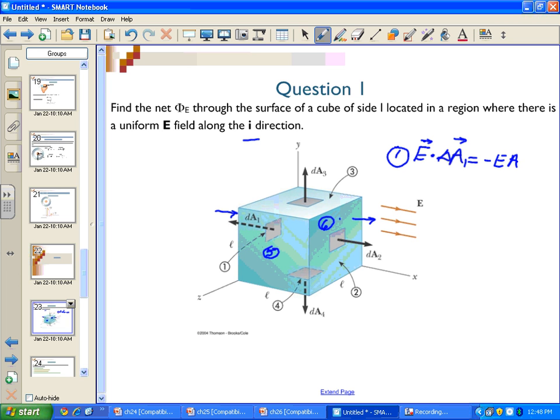The minus comes in because the cosine of the angle between the electric field and the area normal is 180 degrees. Let's go to face 2.